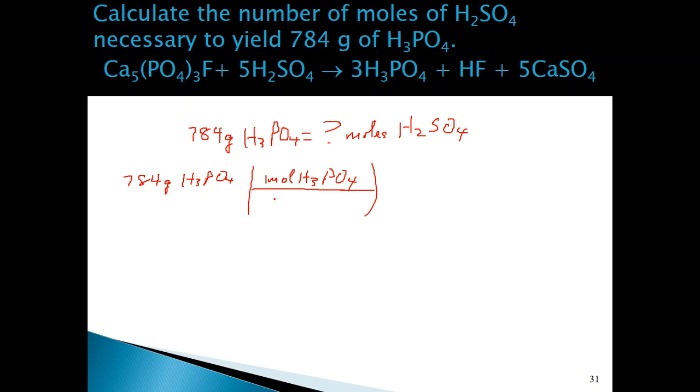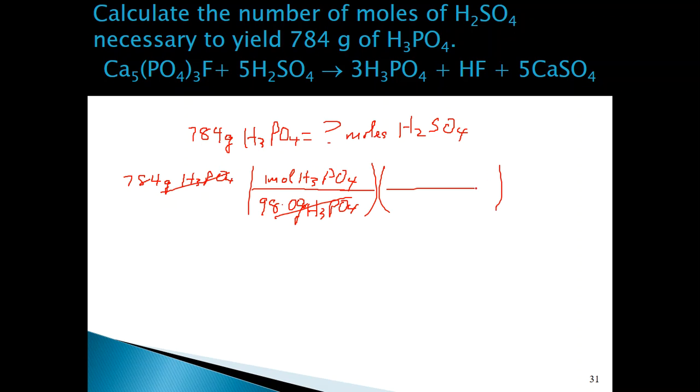Let me write that here. 98.00 grams of phosphoric acid. So this unit will go with that unit. So up to this point we would have determined the moles of phosphoric acid.